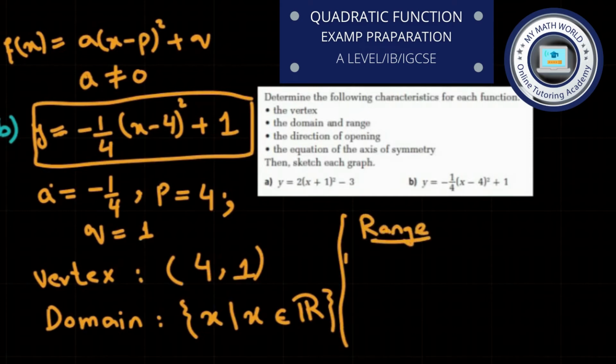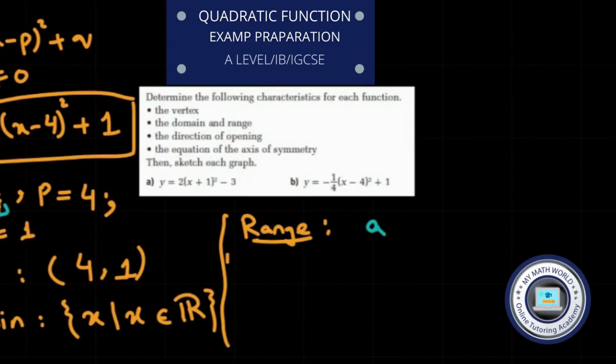For the range we should know the shape of the graph, and the shape of the graph is linked with this value of a, which is minus 1 over 4. Let's write it somewhere on the top in the rough work. So a is less than 0. That means the shape of the graph is opening downward.